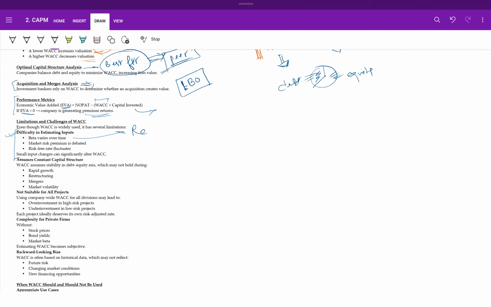And the second limitation is that we assume a constant capital structure, that the capital structure is not going to change for the time period for which we have used it in the forecasting scenarios. So when companies restructure or grow rapidly, the assumptions don't hold.